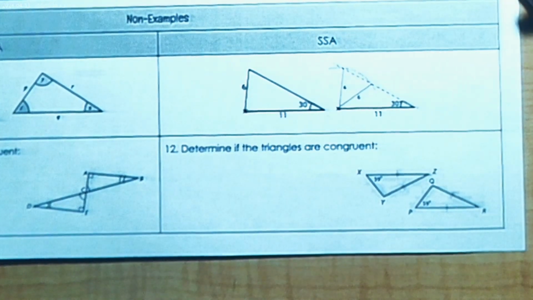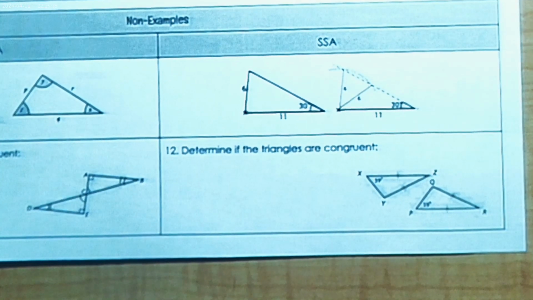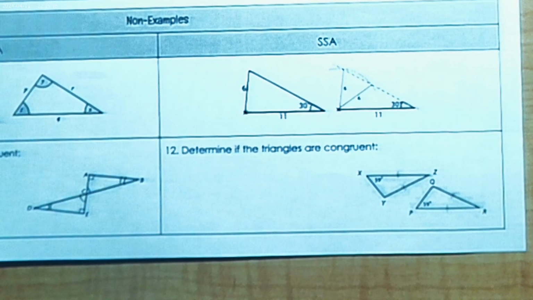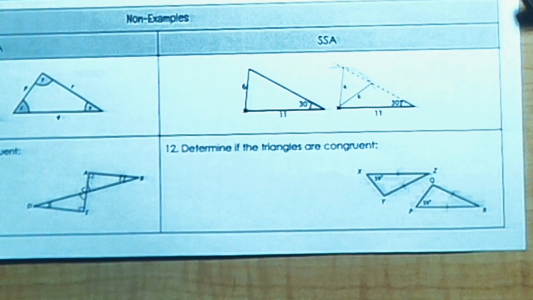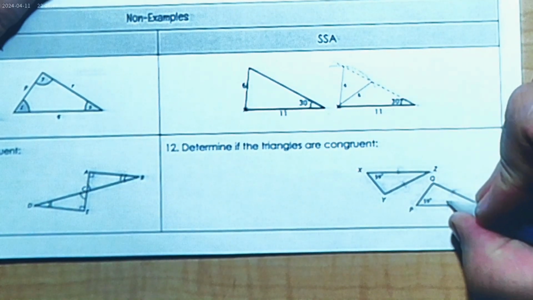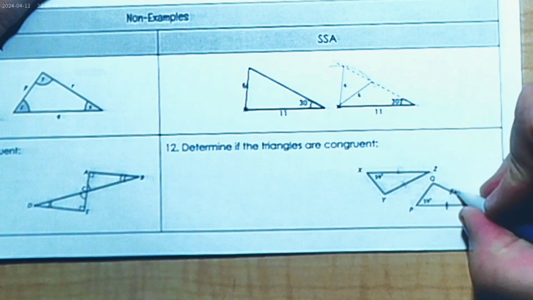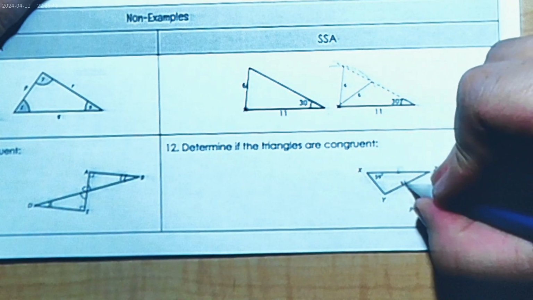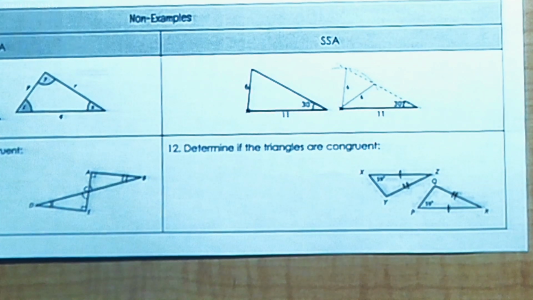All right, last one. Determine if the angles are congruent. Well, I think it's hard to make out, but I think I've got those two there. And, oh, no, this isn't going to work.